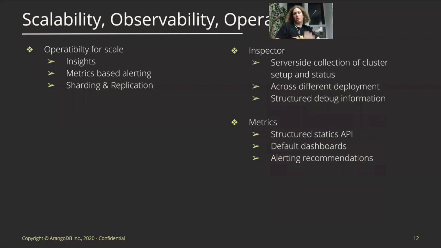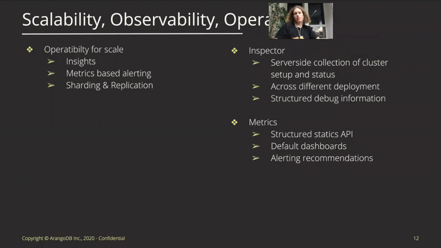It also makes our job easier, because we can get structured debug information. And if you're, for example, raising an issue in the community, I would highly recommend including the inspector output. You can look through it. We're not capturing any sensitive data, nothing of your data, just the cluster setup.